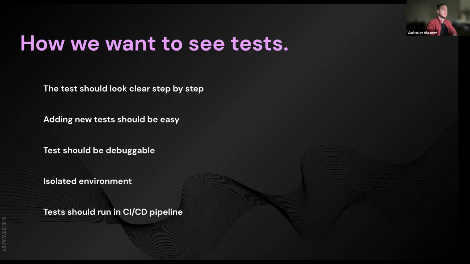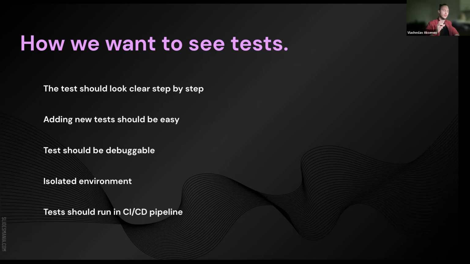Okay, so what do we want to see in our test? We definitely want to test the entire scenario from the first step to the execution of the payment. We really want to be able to easily create a new test and add a new step.